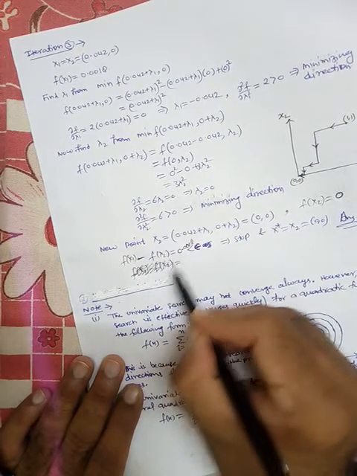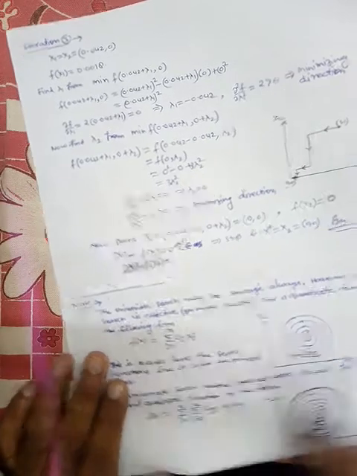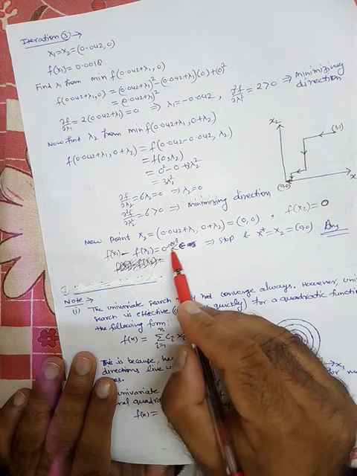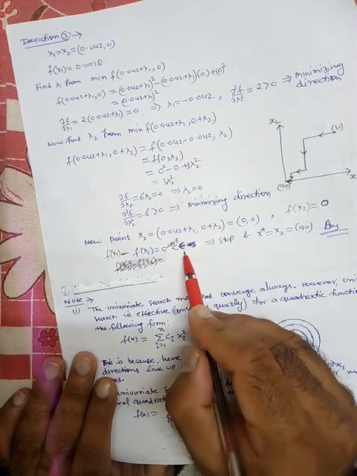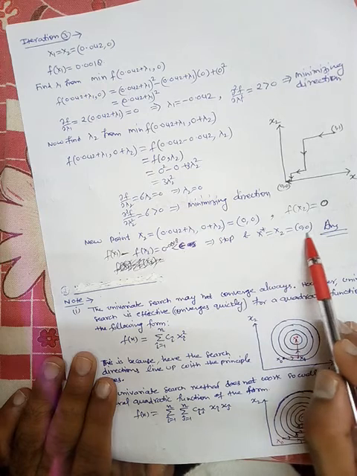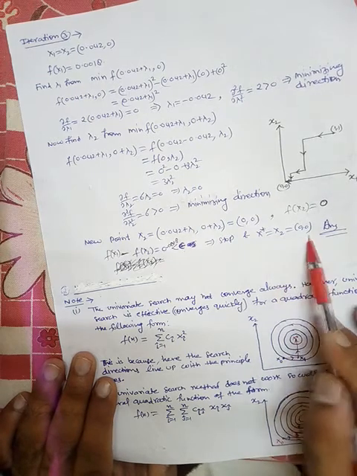Okay, so this will be the correction. So f of x1 minus f of x2 is 0.0018, which is less than epsilon, and hence stop, and x star is x2 equal to 0, 0. So this is the solution.